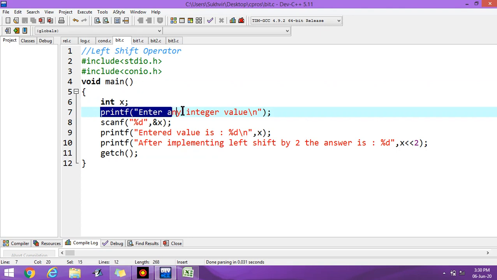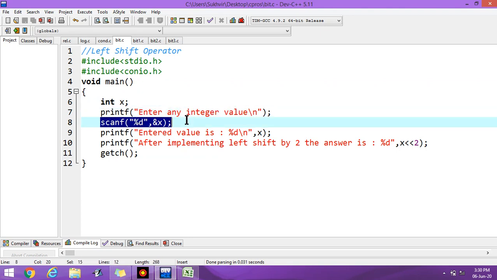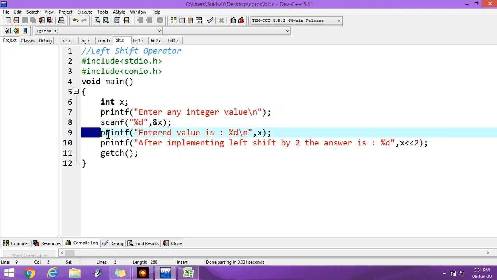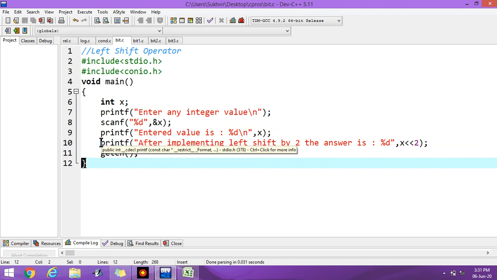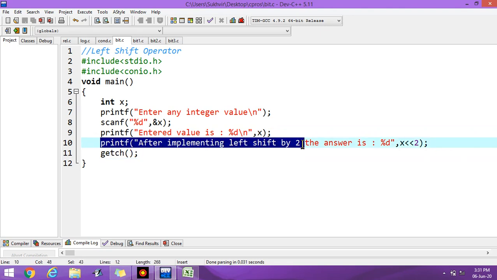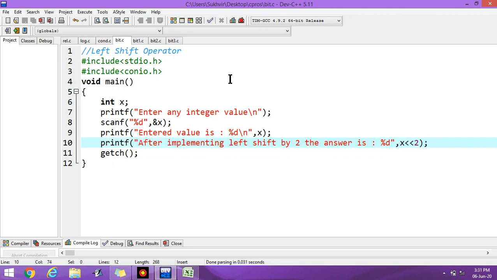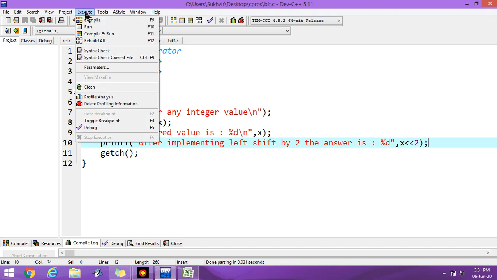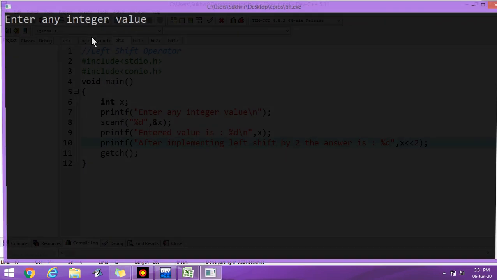First of all, you have to enter one integer value. Then using scanf, you can enter the value, and then you can display the value. Entered value is X. And after implementing left shift by 2, the answer is, you can write X left shift by 2, like this. Let us execute the program, compile and run.